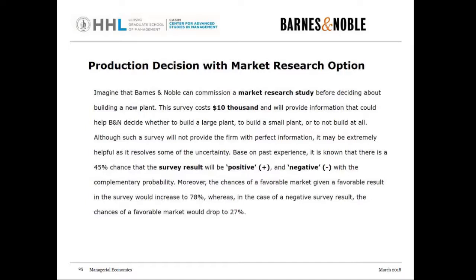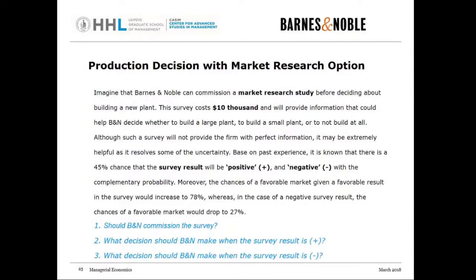And if it's negative, the probability of favorable market is 27%, so it goes down. The question to be asked is: should they commission the survey? If they do, what decision should they make in terms of size of the plant if the result is positive, and what should they do if the result is negative?